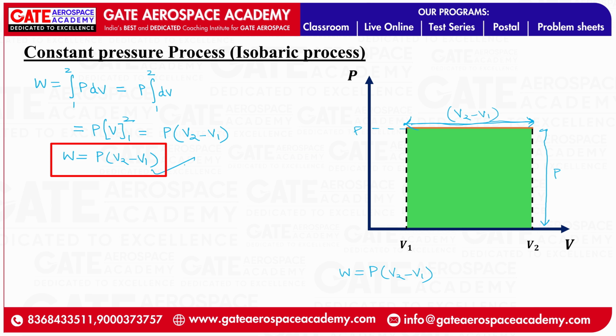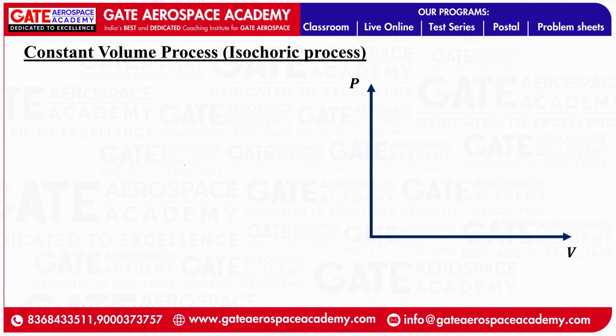Okay. So the next process is constant volume process, also known as isochoric process. So again we have to use the same formula. Work done is equal to integration 1 to 2 PdV, right? For constant volume process, what will be the change in volume dV? The change in volume dV will be 0 because volume remains constant.